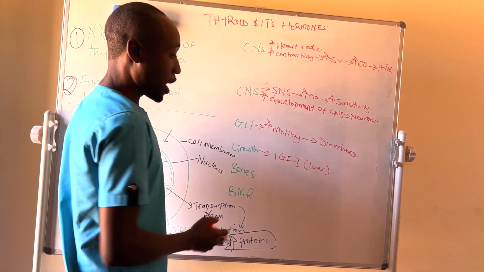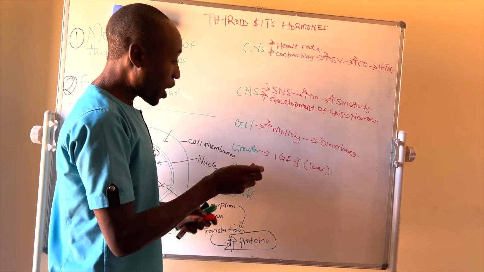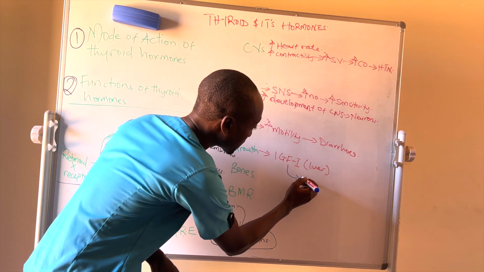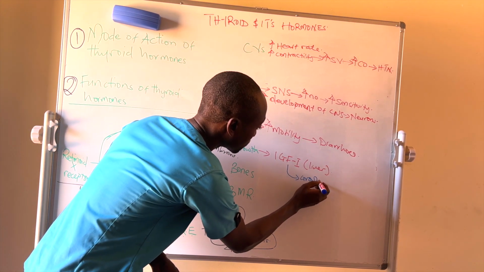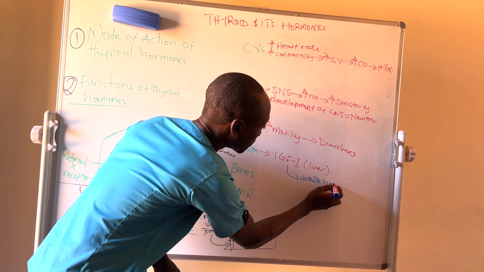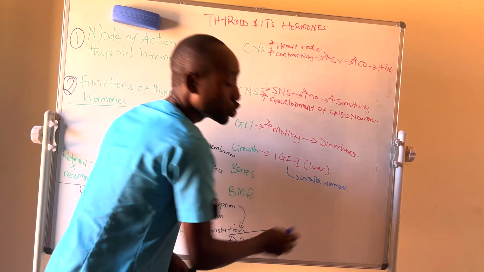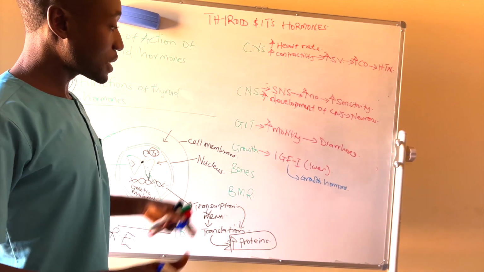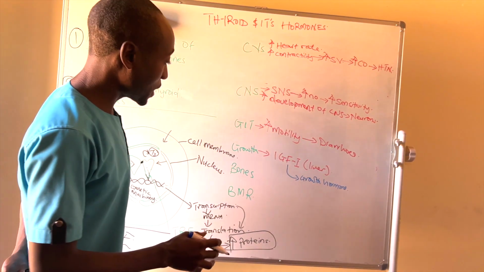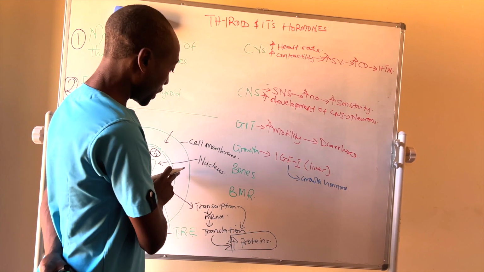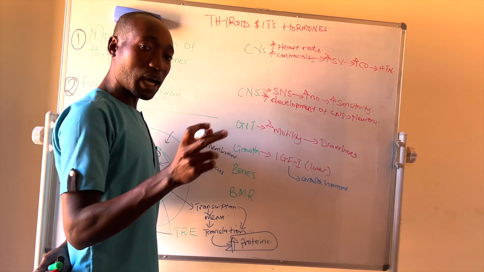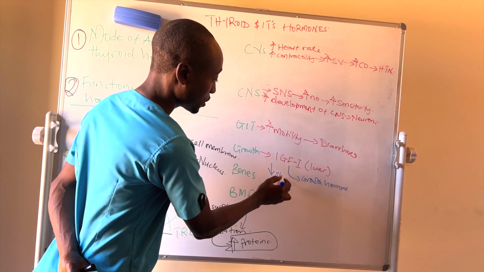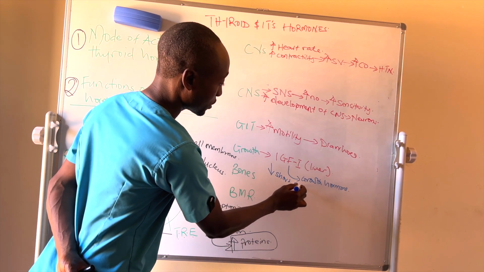And IGF-1 is actually the one that acts in place of growth hormone to cause growth in all the body cells, organs and parts. So a reduction in these hormones can tell you that someone is more likely to have a short stature.